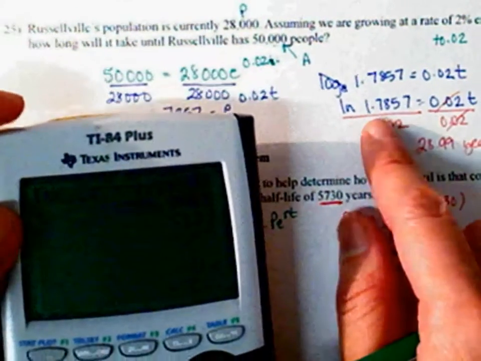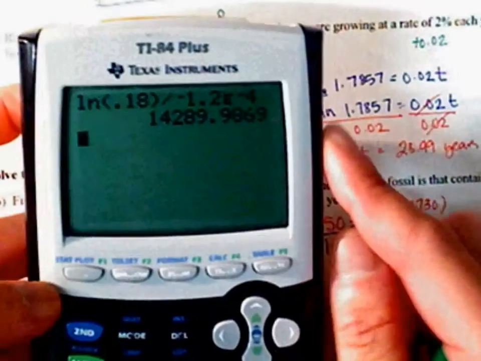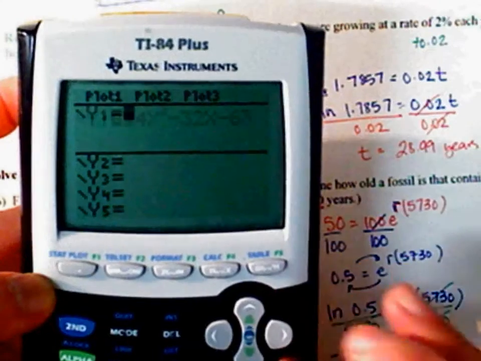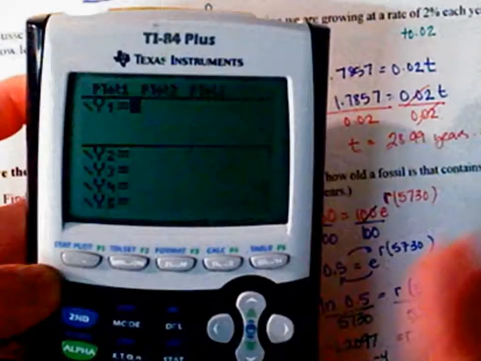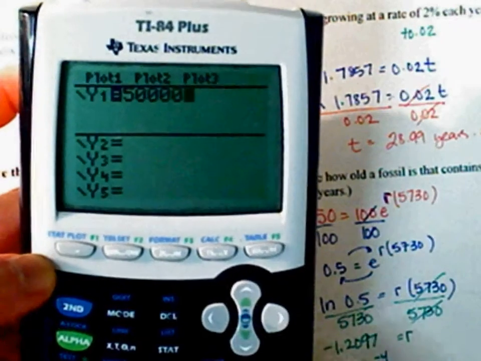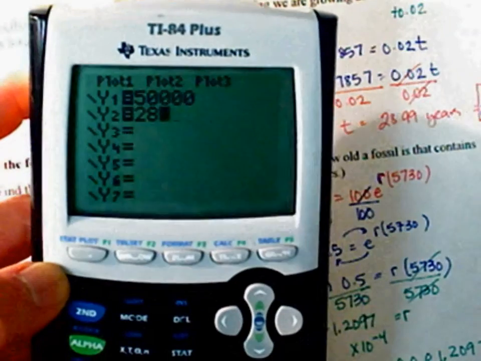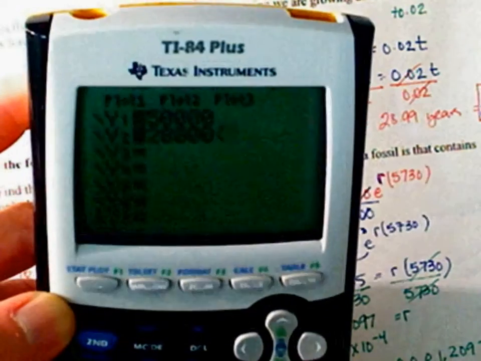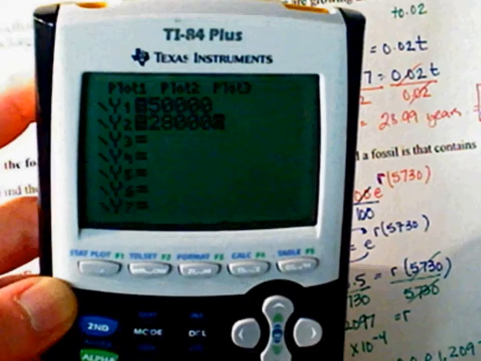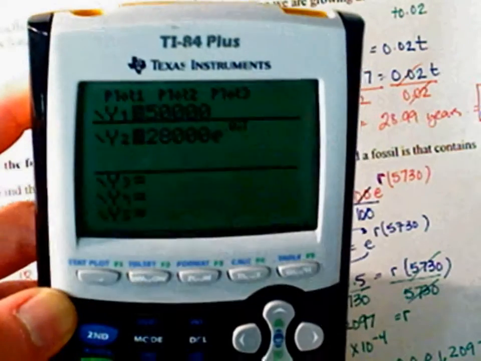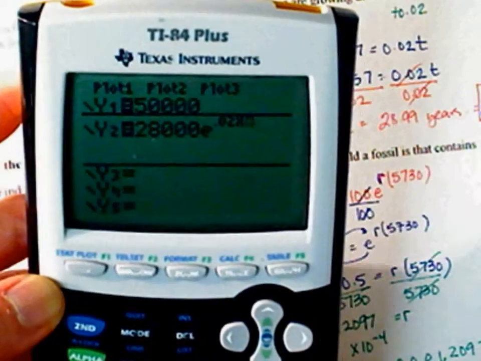Now, let me show you how to do this one, say number 25, using a calculator. All right, so here we go. You would go to y equal. First, number 25, you would put 50,000. Second one, you would put 28,000. Okay. Second, E raised to the 0.02x. See how I just typed that? Now you're going to actually have to change your window.